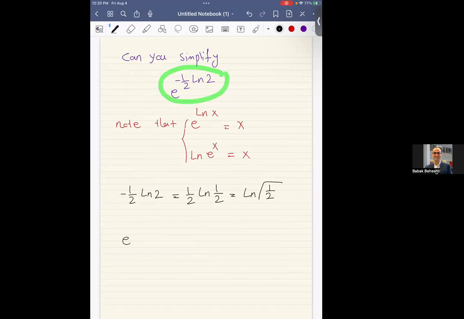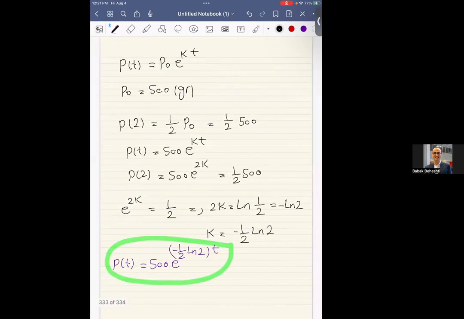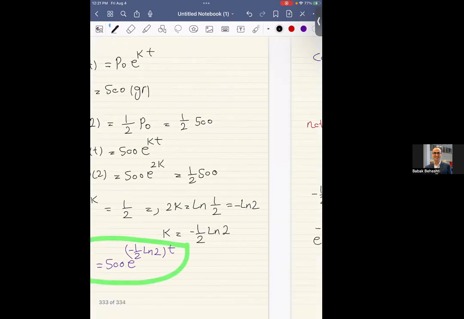So e to the power minus 1/2 ln 2 is e to the power ln of the square root of 1/2. And as I said, e to the power ln of x is x, so this is just the square root of 1/2.